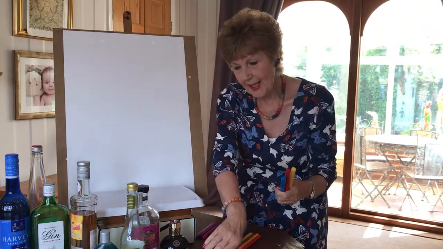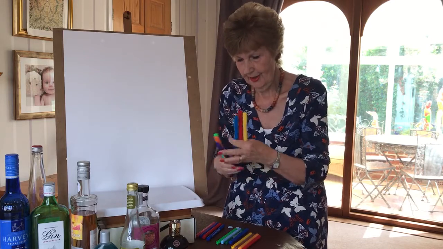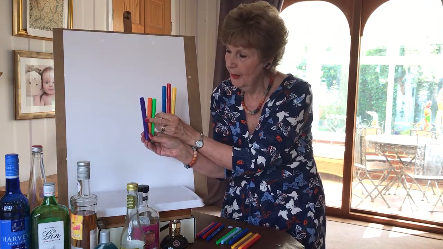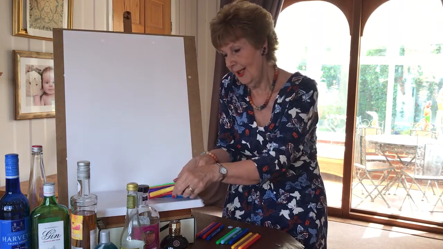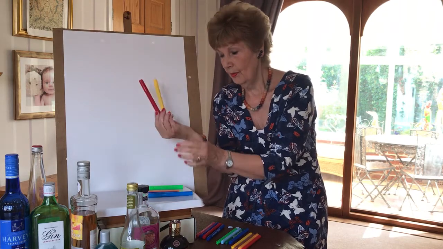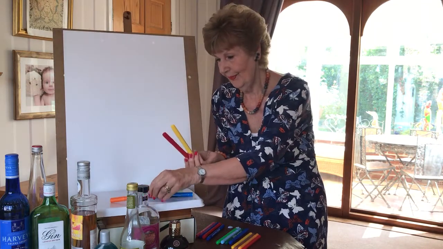But if we take secondary colours, so they're primary colours, they're secondary colours, that's purple, orange and green, we can see that by mixing red and yellow we can make orange.